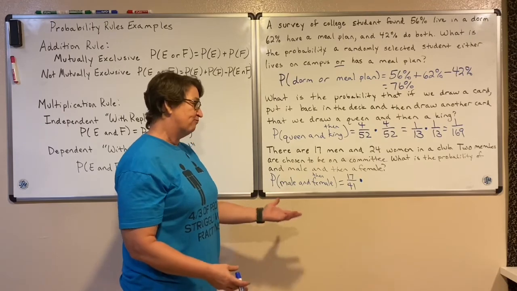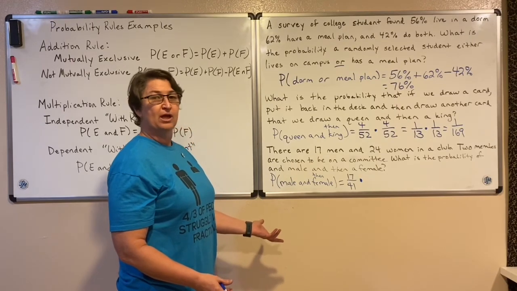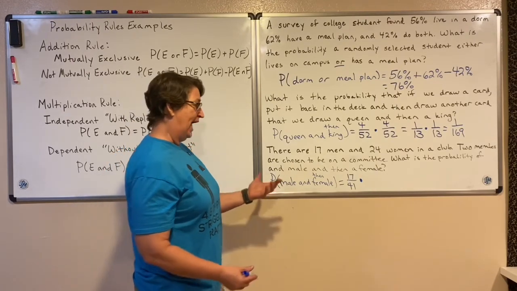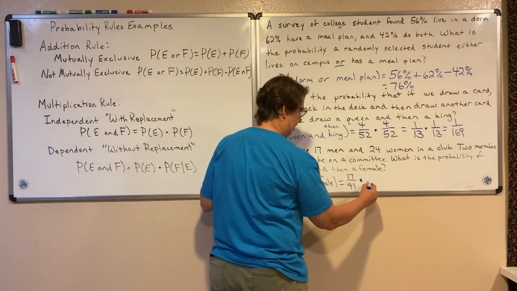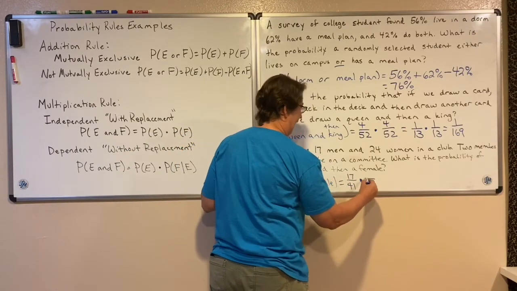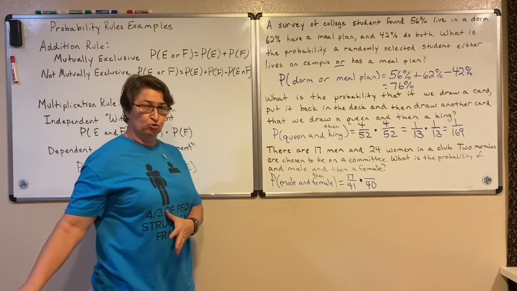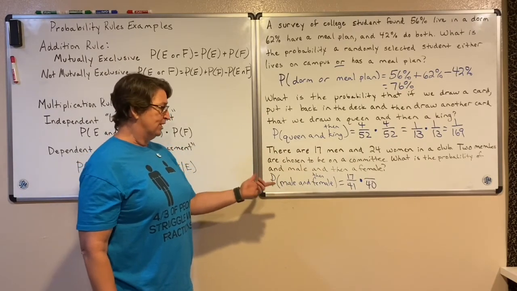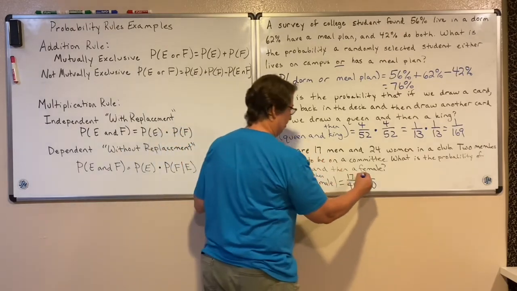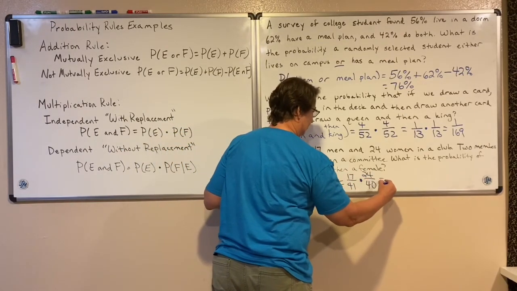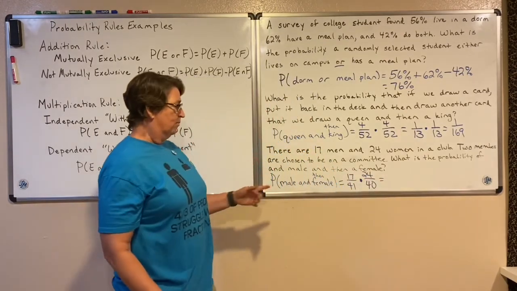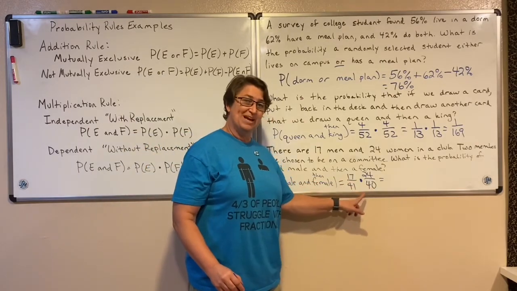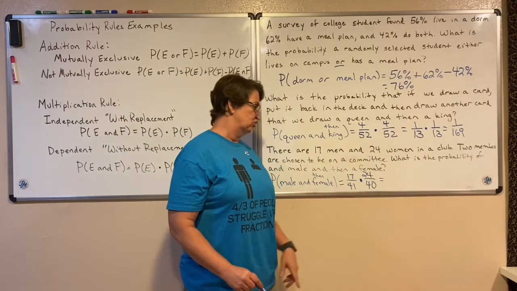Do I still have 41 people in there? I don't think so. Instead, I'm going to have 40 people now because the man has already been chosen. So now there are only 40 people in the club. And then how many of those are female? Well, 24 of them are female. So my probability changed based upon that first one being chosen.